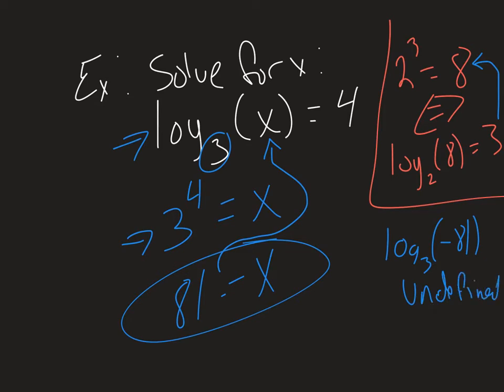So if I worked it out and the only solution I had was x equals negative 81, then I would write that there's no real solution. Whatever we plug into a logarithm has to result in a positive number. It can't even be 0, because 0 or less is undefined for a logarithm. Sometimes you do get those extraneous solutions.